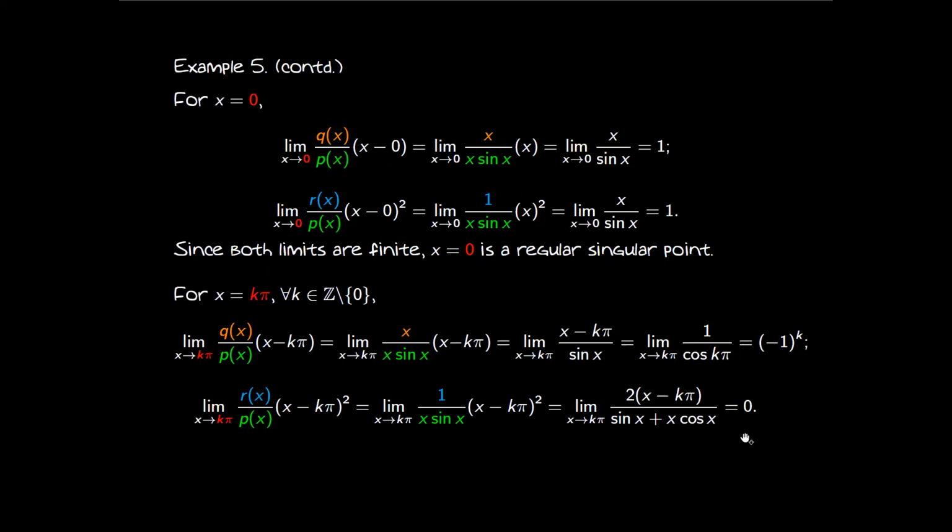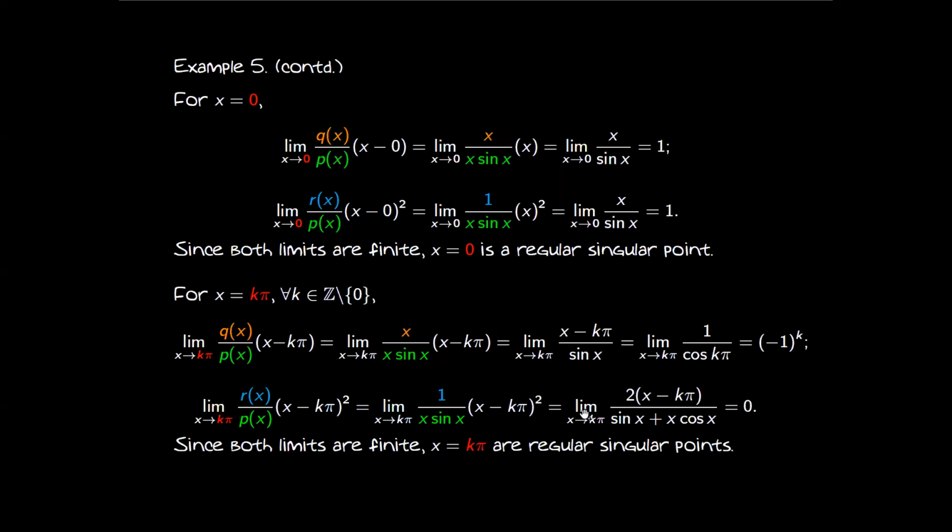So we know the other singular points are also regular. Nevertheless, although the conclusion here is that all of the singular points are regular, you can see the limits are still different, right? So that's why we still need to check them separately.